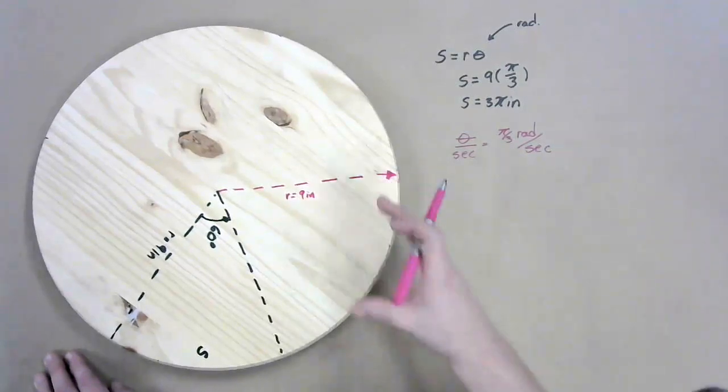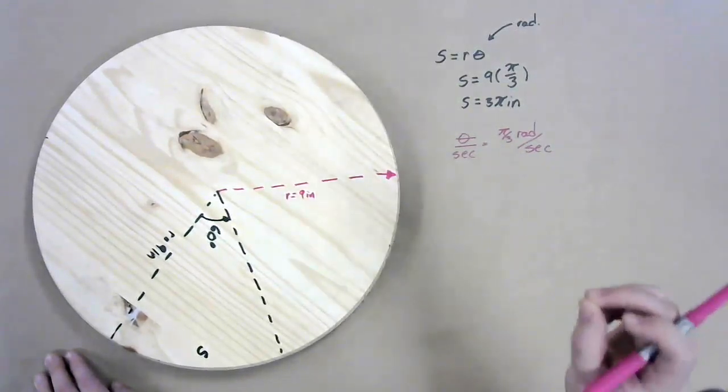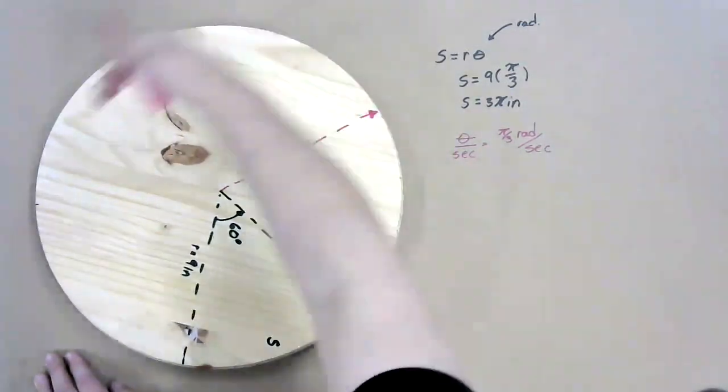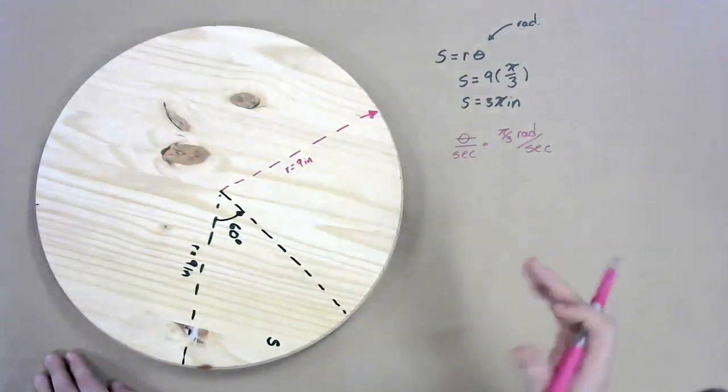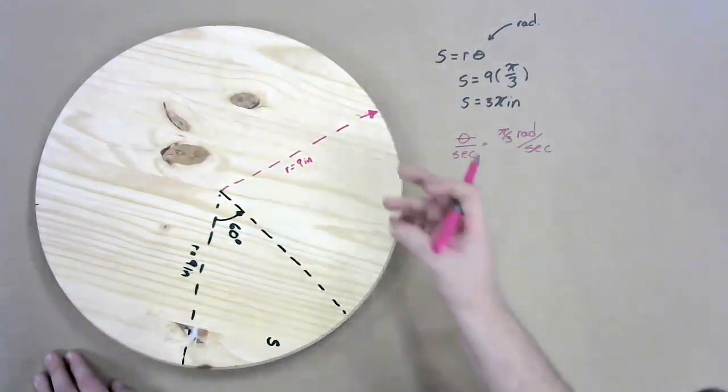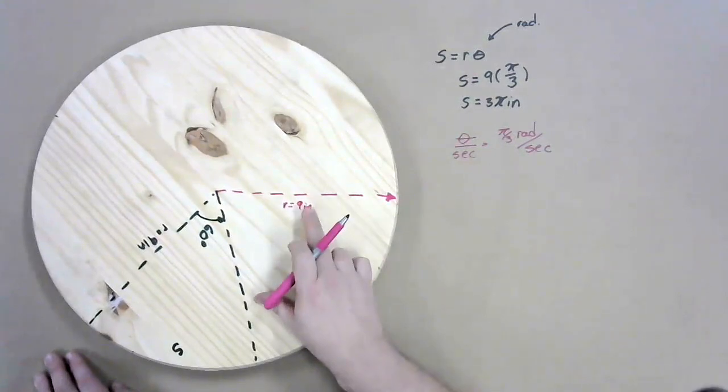By the way, inches per second is a linear speed because inches is a measure of length. It doesn't have to be going in a straight line. It's going along a curve. So sometimes people get unsure about calling it a linear speed. It's a linear speed because it's a linear measurement.